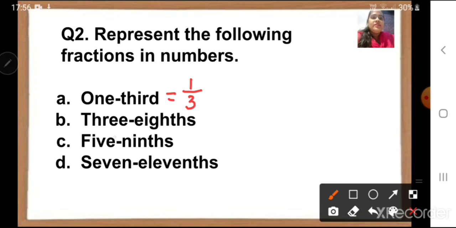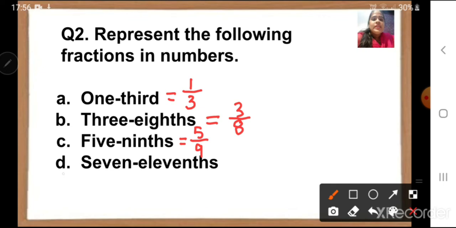B1 is 3/8. Correct? So we will write it as 3/8. It means 8 parts, total 8 parts are there. So it is 3/8. C1 is 5/9. Okay. So how will we write that? 5 will be in the numerator and 9 will be in the denominator because there are 9 parts.